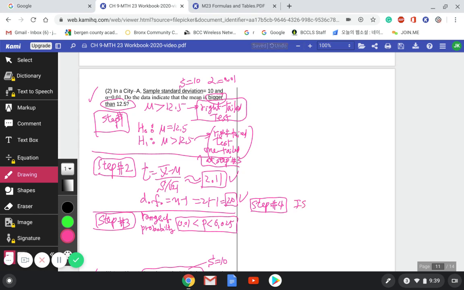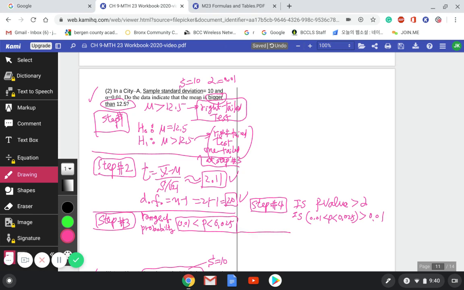Is p-value, range of p-value bigger than alpha or not? So you compare that. So range of p-value is bigger than 0.01 and less than 0.025. Is that bigger than alpha? In this case, alpha was 0.01.